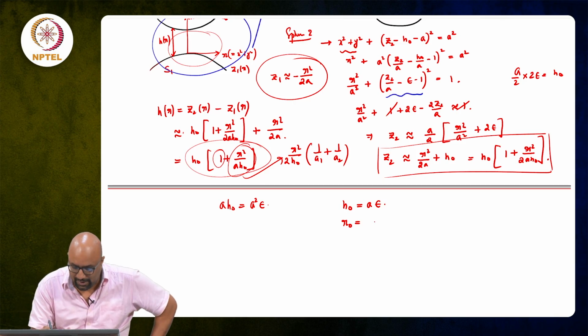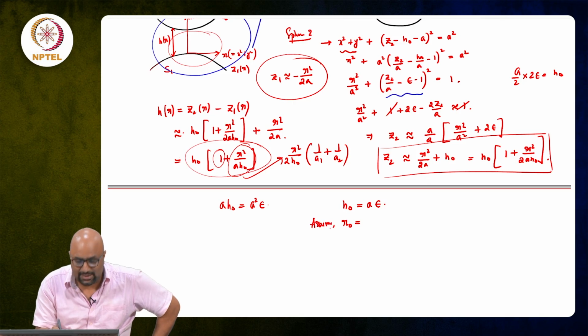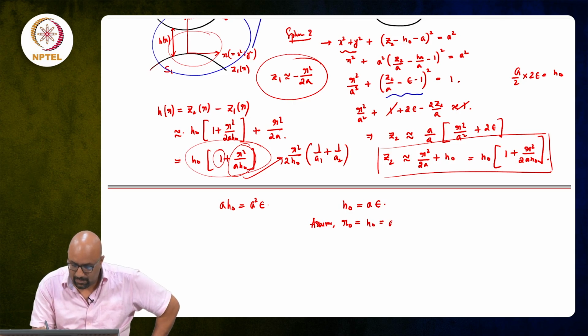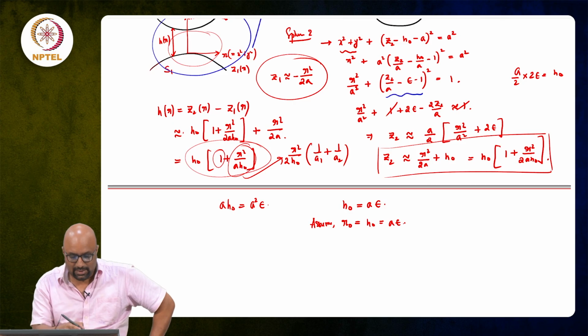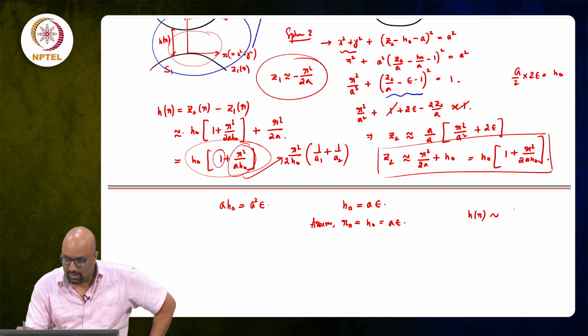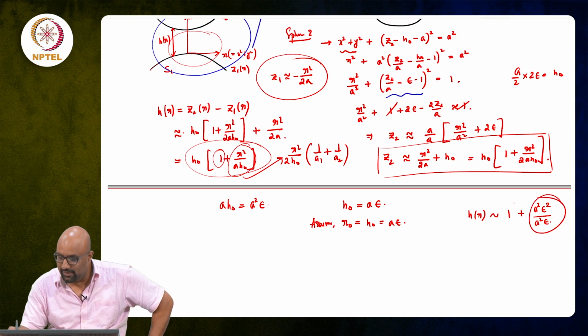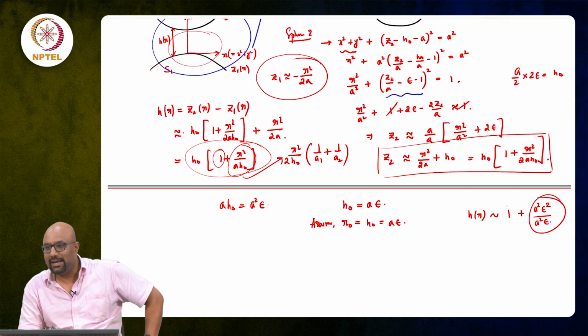If I assume that the length scale in the radial direction is the same as the length scale in the vertical direction, which is A epsilon, then in that H of R equation, you will have 1 and then there is a R square, which will go as A square epsilon square, and the denominator will go as A square epsilon, which means the curvature term will never be important in the gap.